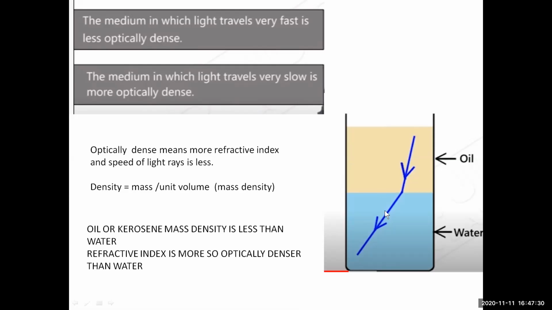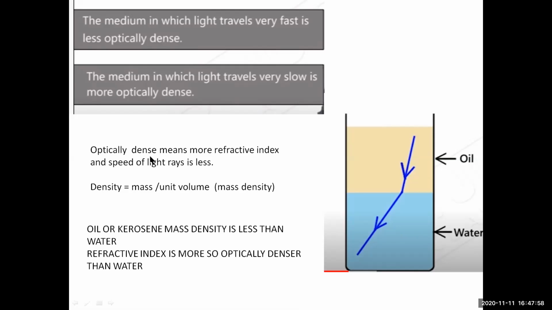The medium in which light rays travel very slowly is more optically dense. So this is more optically dense, and this is less optically dense, isn't it, students?